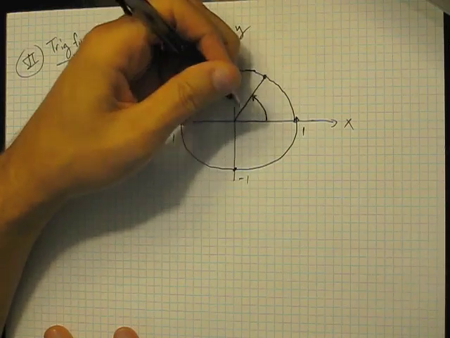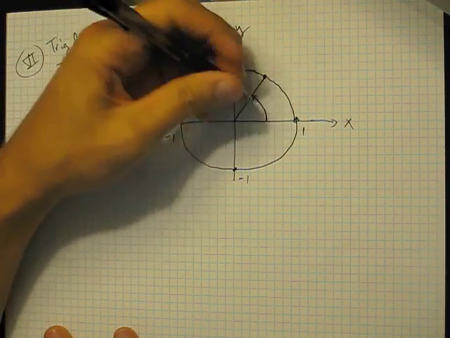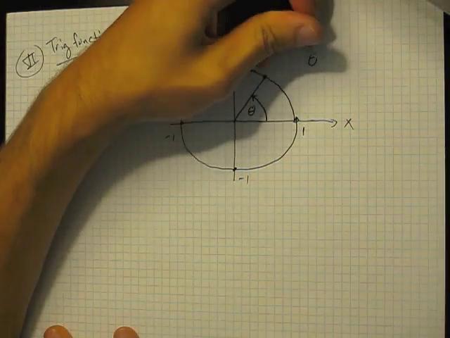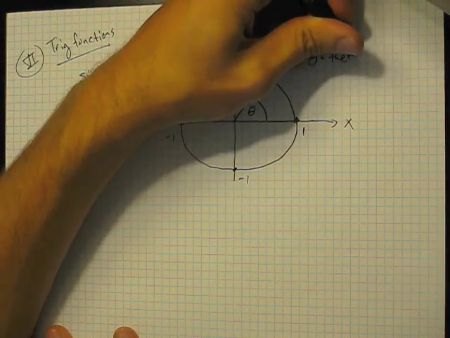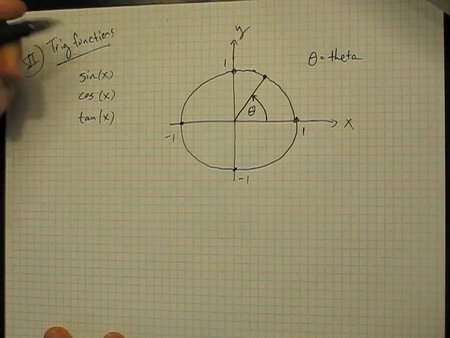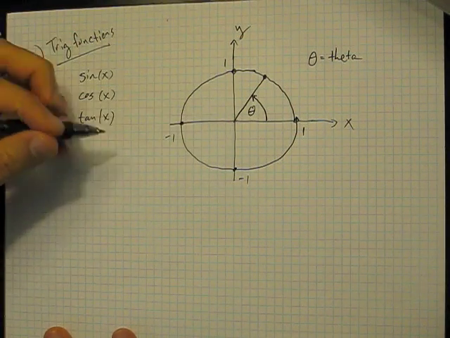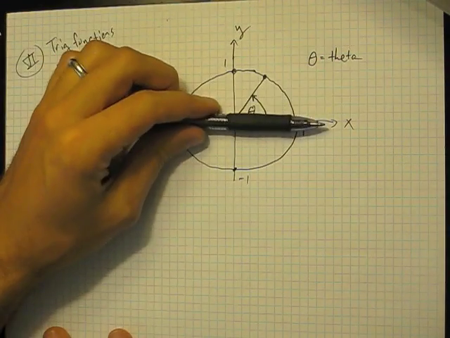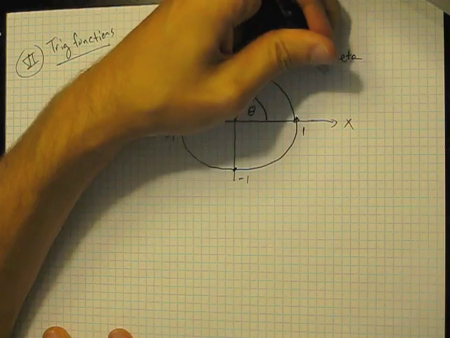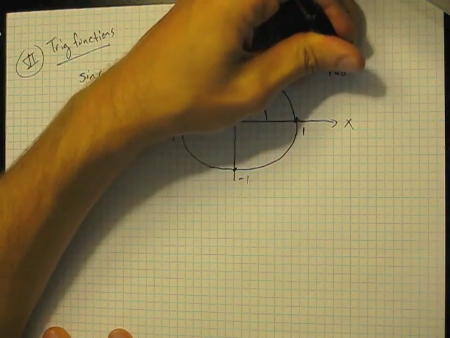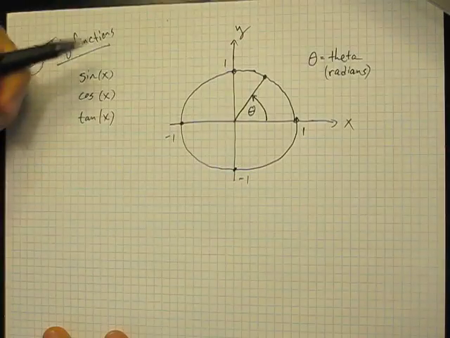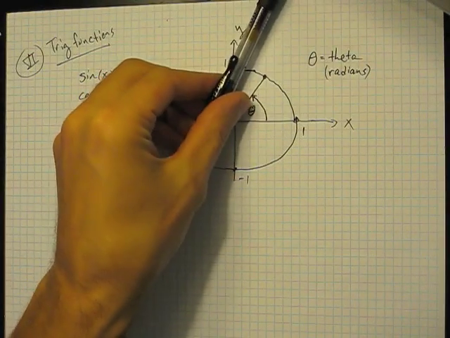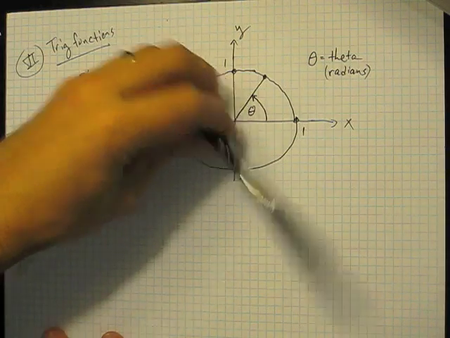Let's use a Greek letter for this, how about theta. So you give me the input, which we'll call theta, and I use that as an angle, measured in radians from the positive x-axis. If theta is positive, you go this way. If theta was negative, we would go that way.